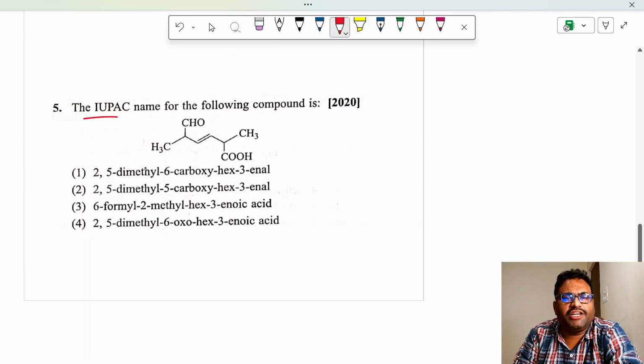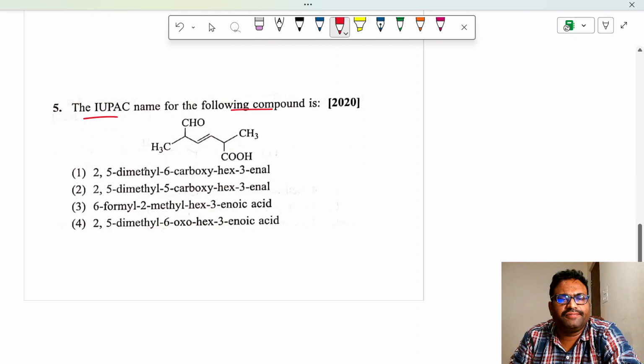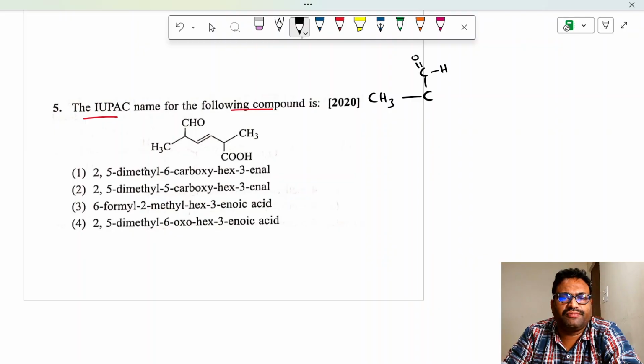The IUPAC name for the following compound is... when you write it in detail, let us write it as CH3, C double bond O, H, right?